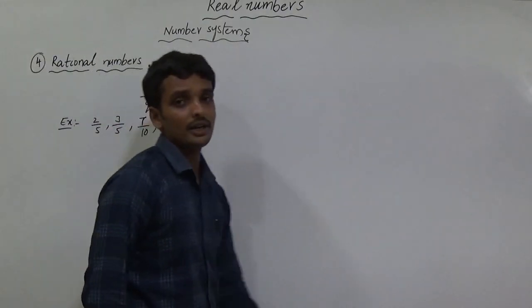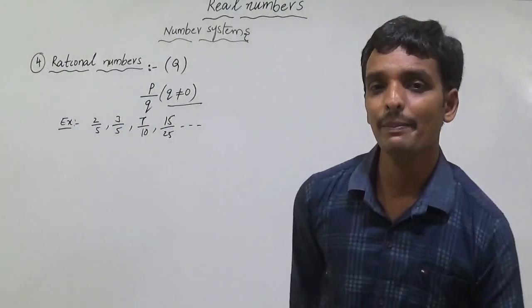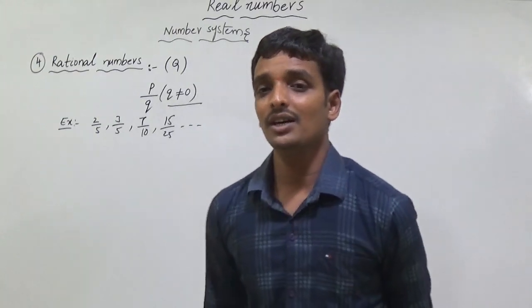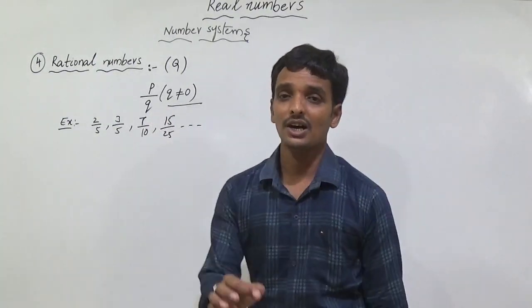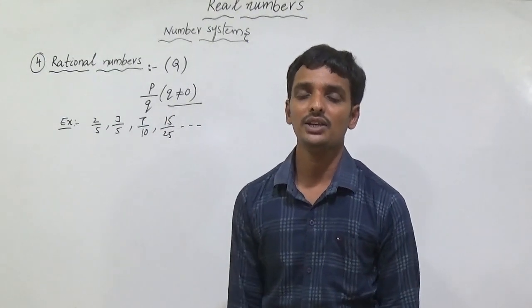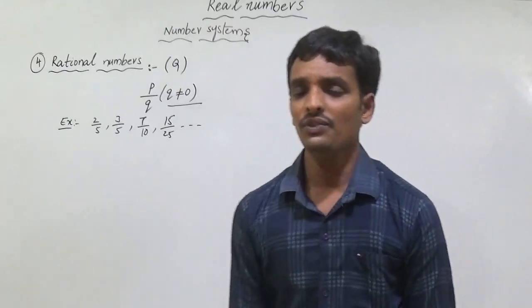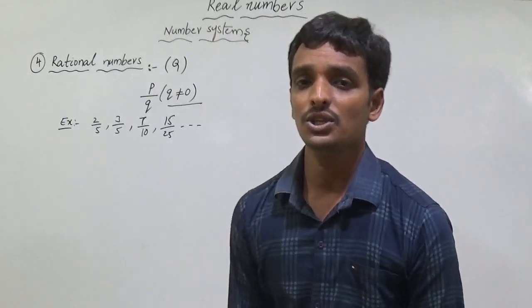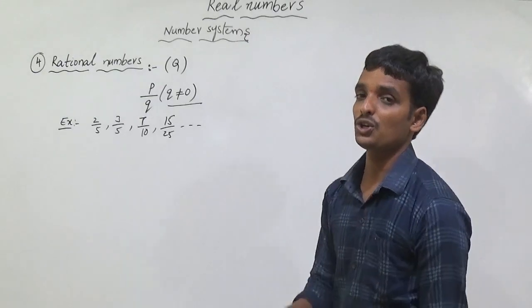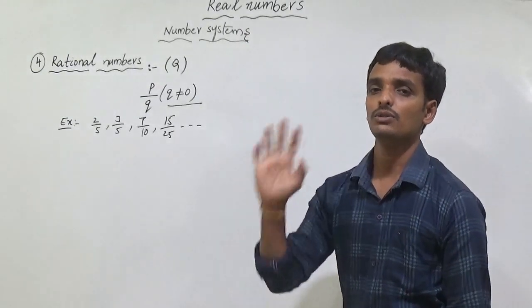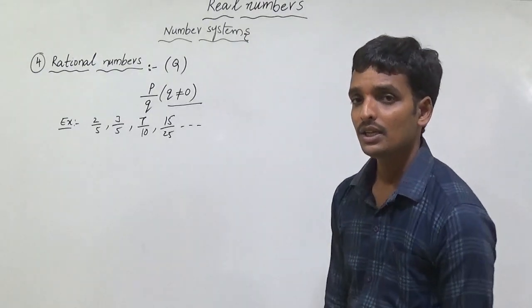If the denominator Q is equal to 0, the value of the rational number can't be found. We can't find the value if the denominator is equal to 0. That's why the denominator should not be 0.